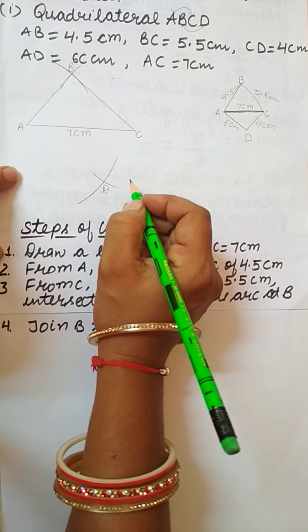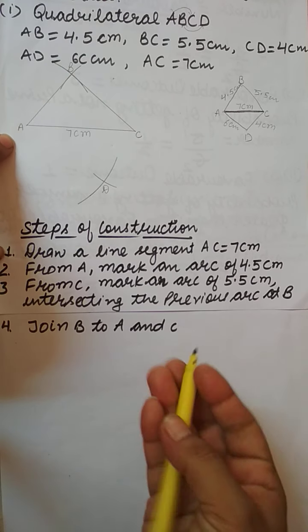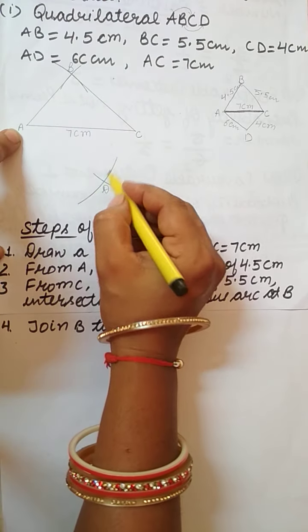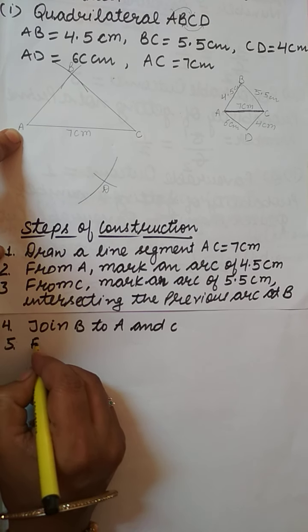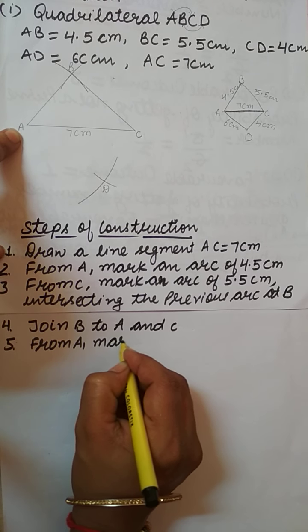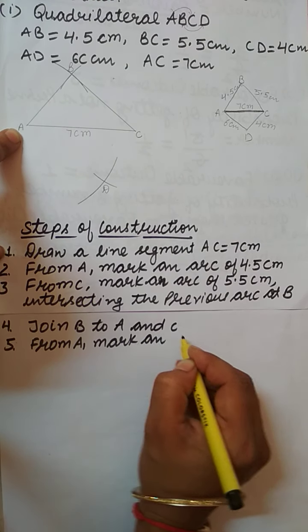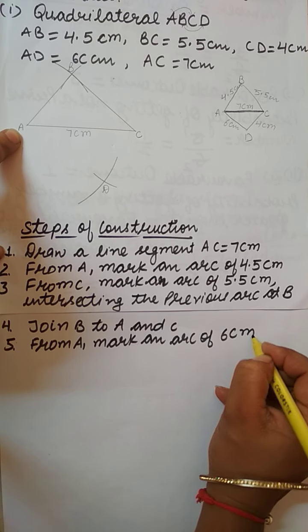Now write down the steps of construction. Firstly we have marked the arc from A equal to 6 centimeter. So here from A mark an arc of 6 centimeter.